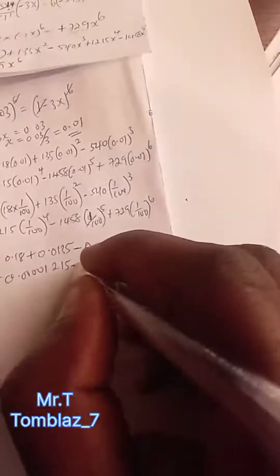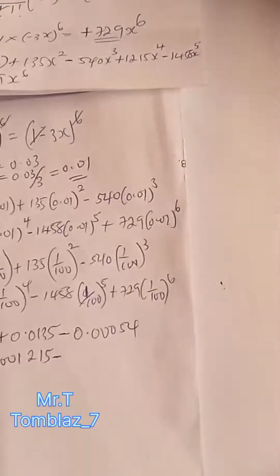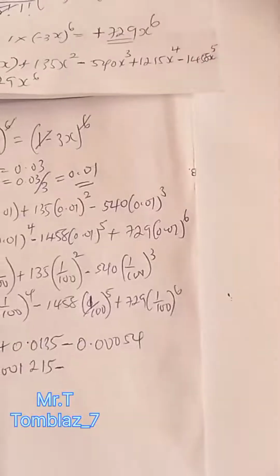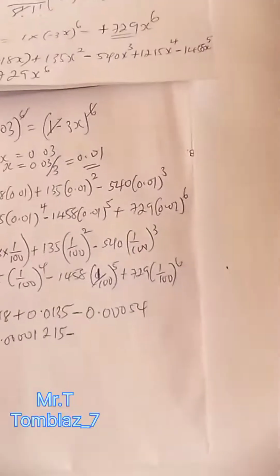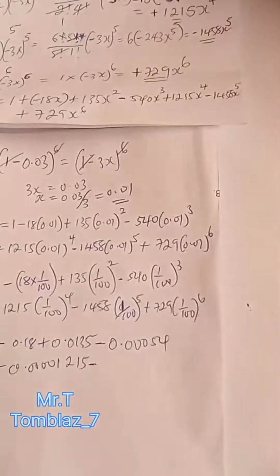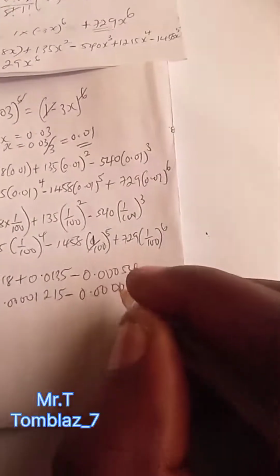Then the next one here minus this raised to the power of 5 times the coefficient, which is 1458. So it's going to give us 0.0000, how many zeros? 6 zeros. Then 1458.